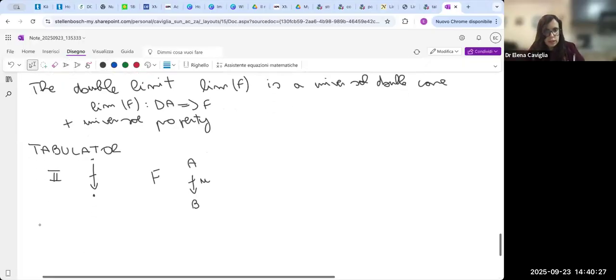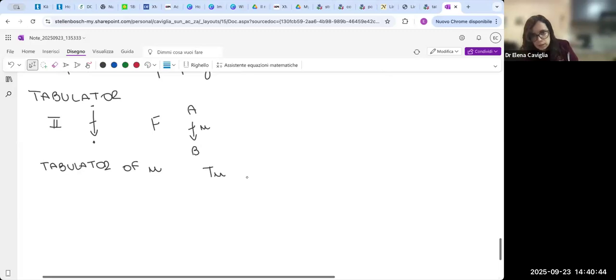And what is the tabulator of U? It's going to be an object. Let's call it TU, together with two morphisms. One into A, we can call it P, and one from TU into B. Let's call it Q, but also a double cell of this form.